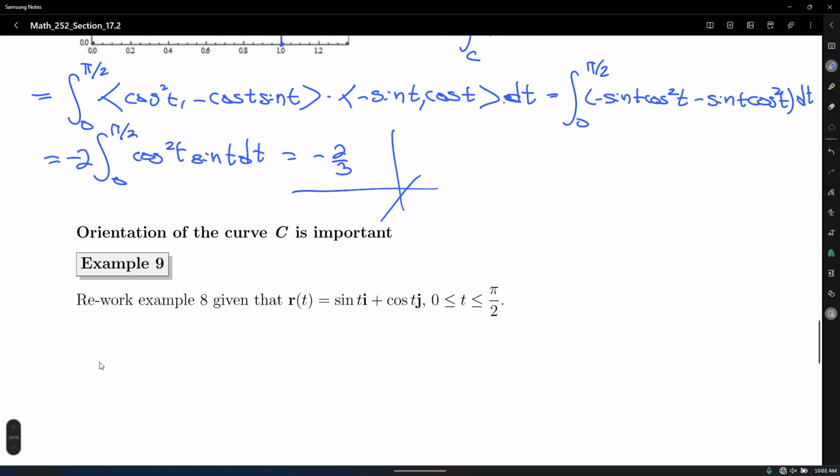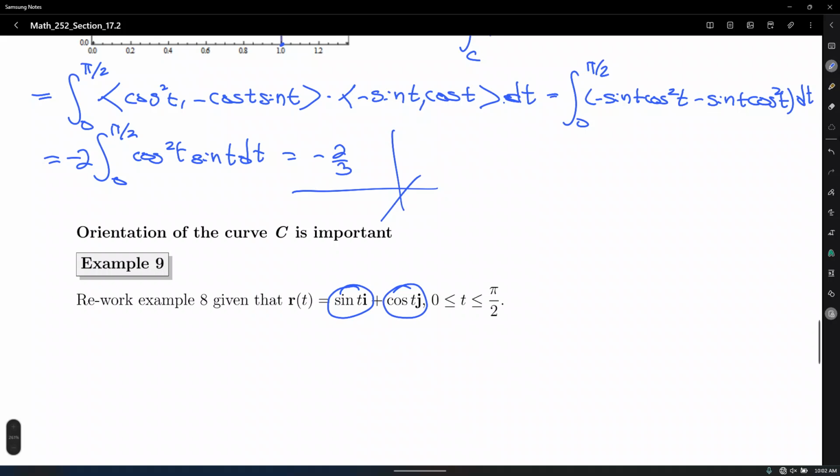So let's rework example A given the same situation. However, if we change the orientation of the curve, notice how we have sine t and cosine t as opposed to cosine then sine. That's how we change the orientation of the trajectory.